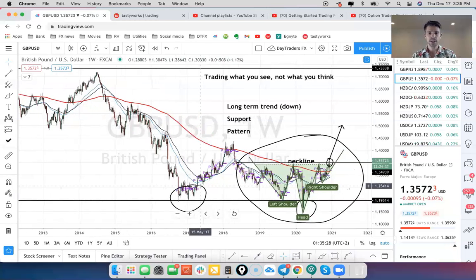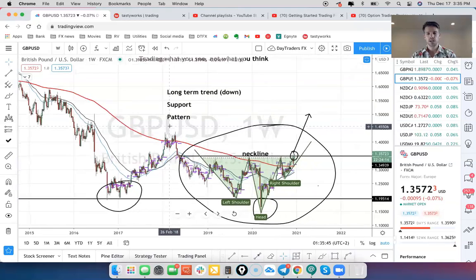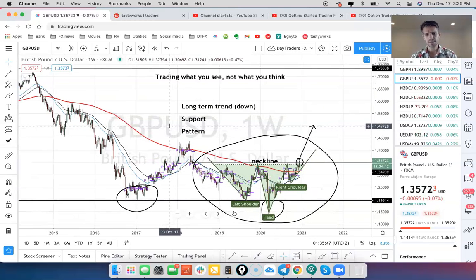So we say, okay, pattern, double bottom, pattern, bullish head and shoulders pattern, support, long-term downtrend. There's nowhere for this to go but up. I have no doubt that this will continue higher, even if it continues lower. Now, there's a whole other thought on how we trade that.